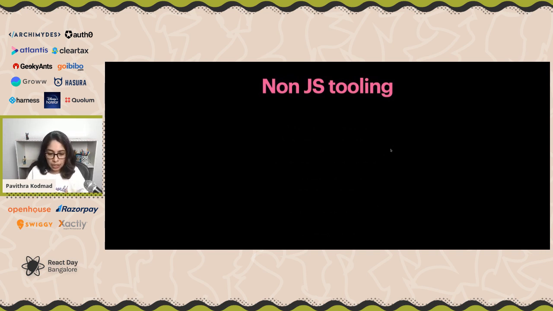Another major trend that's gripping the JS world is to have JavaScript tooling not written in JavaScript. One major example of this is ESBuild, a new bundler written in Golang, and its major USP is that it is very, very fast.